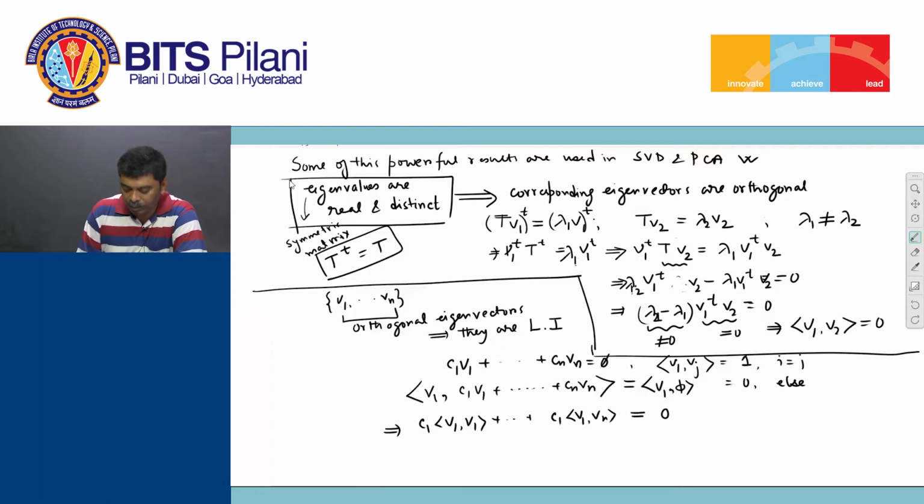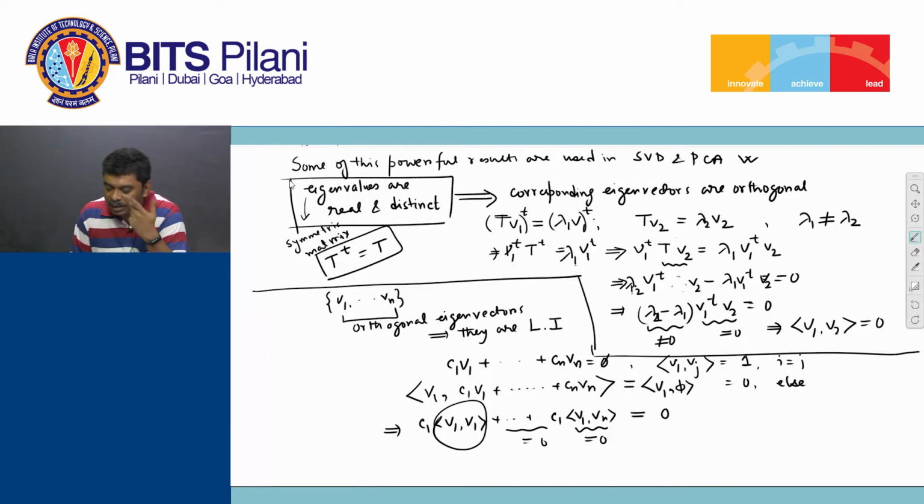Now, since I know the Vi and Vj are orthogonal to each other, all of these terms are 0 except this one, because this is the inner product with itself, and because these are orthogonal, the inner product will be 1. So what that means is very simple: C1 is 0.